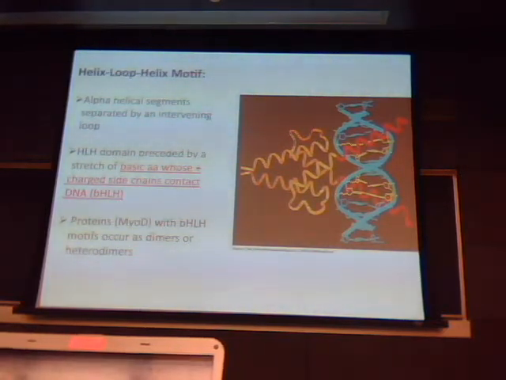Let's say, for example, you find a protein that has the so-called basic helix-loop-helix domain that binds DNA. Let's say in your gene analysis you find a new gene. You had no idea what that protein is, but you discovered from the sequence level that it has the basic helix-loop-helix motif.